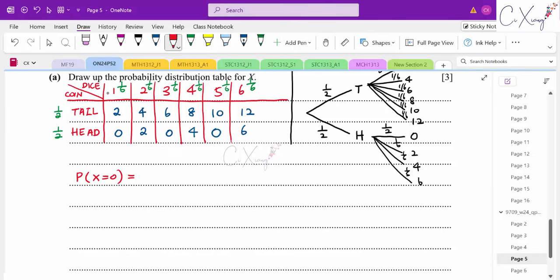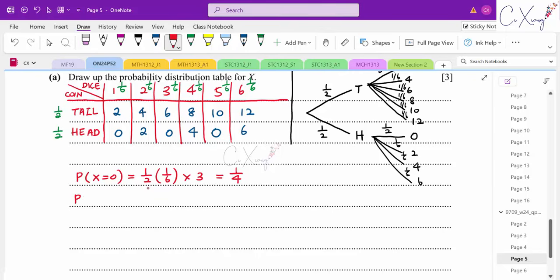It is head multiplied with the probability of 1, right? So it should be 1 over 2 multiplied with 1 over 6. And you realize that every single value here will be 1 over 2 multiplied with 1 over 6. So you can directly multiply with 3 because you're having 3 zeros here, and all the probabilities are the same. So for X equals to 0, you will have 1 over 4.